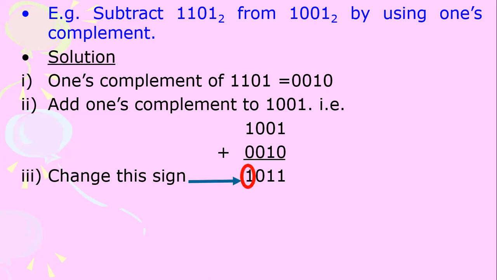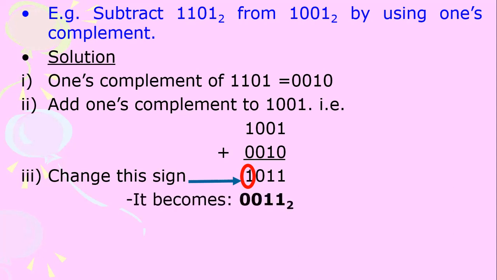So how do we change the sign? If what we have as the most significant bit is a 1, we change it to 0. If it was a 0, we change it to 1. So in this case, we change 1 to 0.